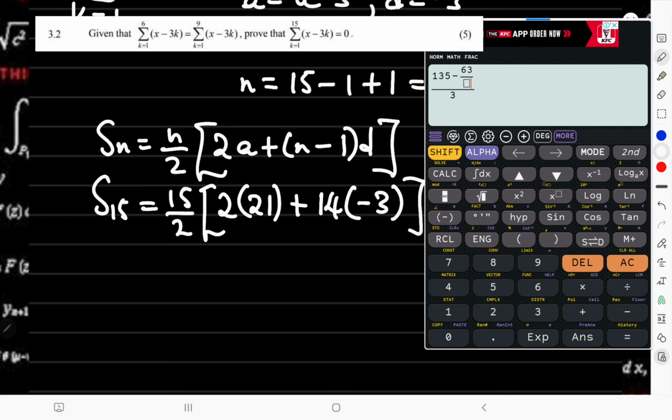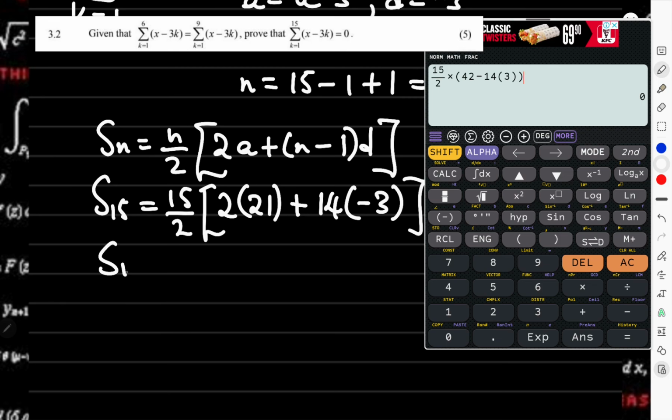Let me double check. 15 over 2 into 42 minus 14 into 3. Oh, we get 0. Brilliant. So S of 15, we get 0, which they said we should prove. So this is definitely correct.